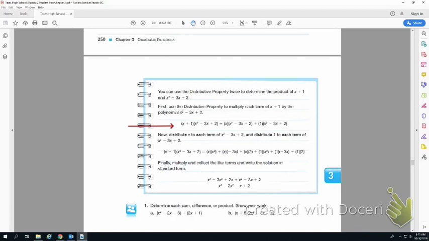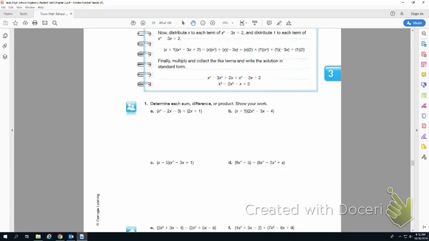I would take x and distribute it to all three terms, which is what this is setting up to do. I would take the 1 and distribute it to all three terms, which is what this is doing, and then you combine like terms. That's just multiplying a binomial, 2 terms, times a trinomial, which is 3 terms.